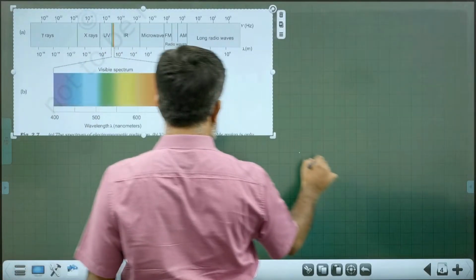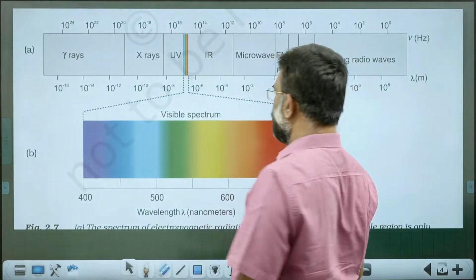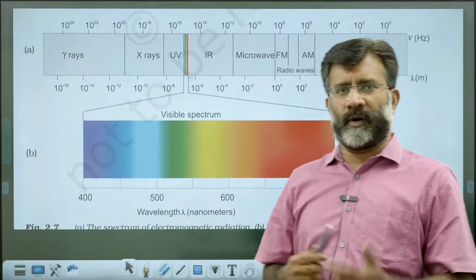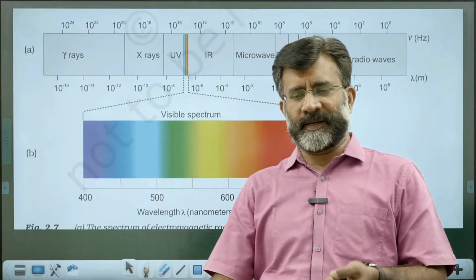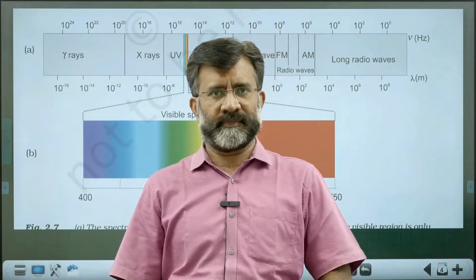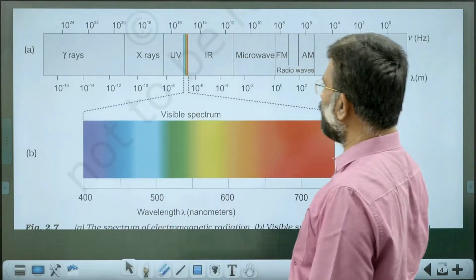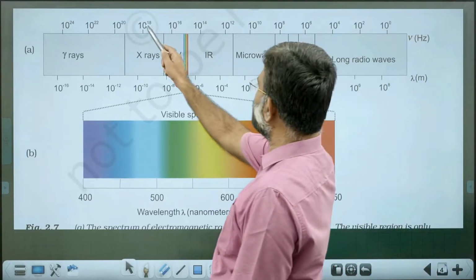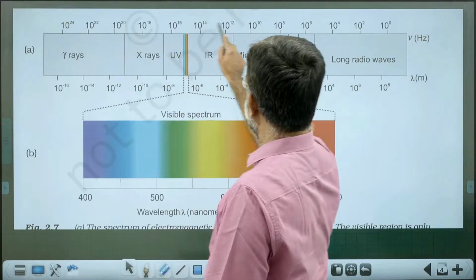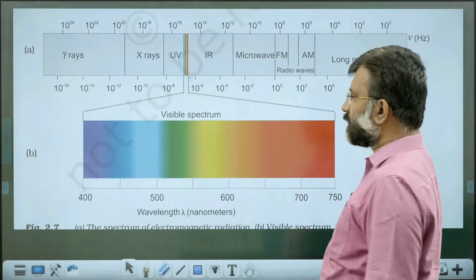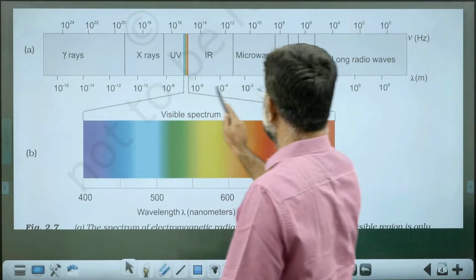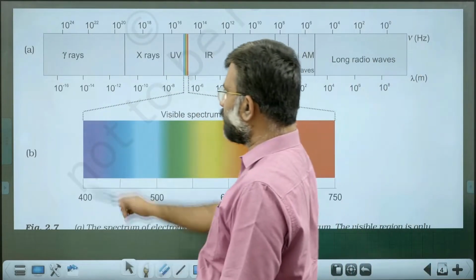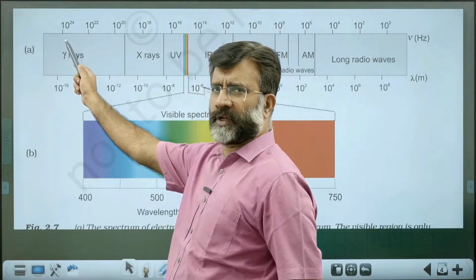Electromagnetic spectrum means arrangement of various radiations in the increasing order of frequency, in the decreasing order of wavelength. It is arranged in the decreasing order of frequency from left to right, while increasing order of wavelength from left to right. Gamma rays, maximum frequency.